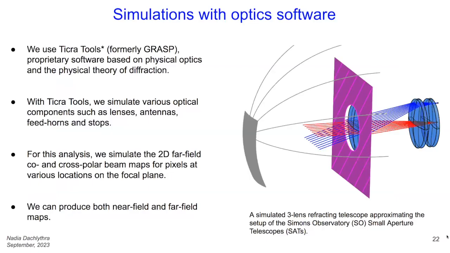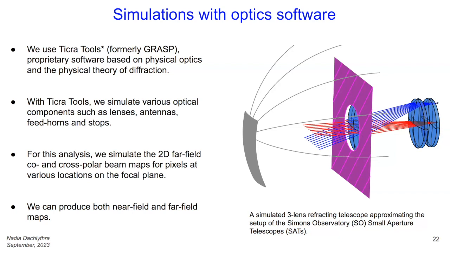Just one last thing, that for the simulations, yes, we do all this work in the field and in the lab, but we need to have something to compare with. And we do that by using advanced optics software. In my group, we use GRASP tools, and this relies a lot on the physical theory of diffraction.